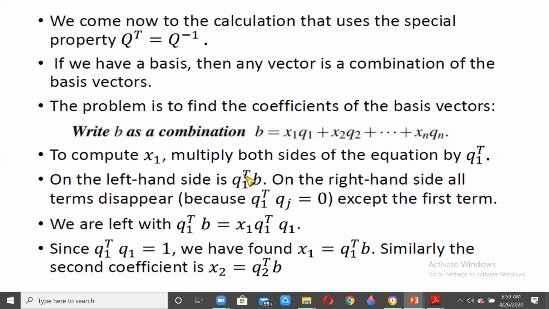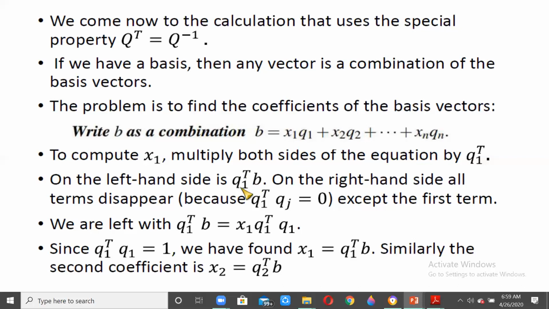If you multiply that, q1 transpose q1 will be equal to 1, whereas q1 transpose q2 will be equal to 0. So except the first term, all the other terms are going to become 0. So on the left hand side, we have q1 transpose B.